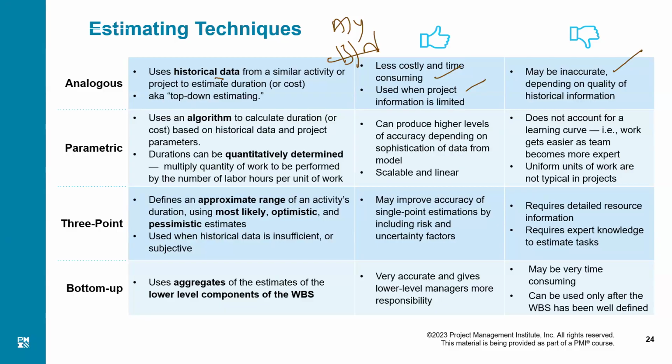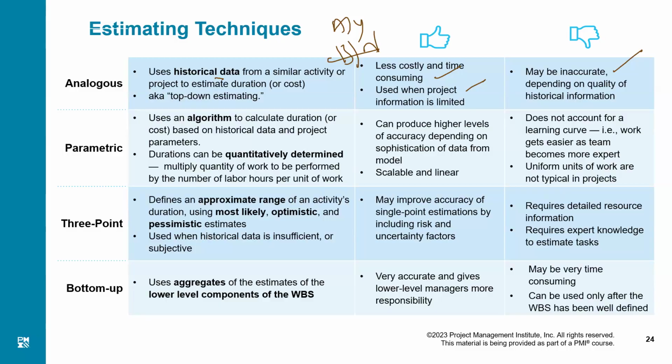So as I told you, we are cutting the project into equal pieces. We are taking one piece at a time, and we are estimating for that piece. Based on that, we are estimating for the whole activity or project. So that piece is the parameter.